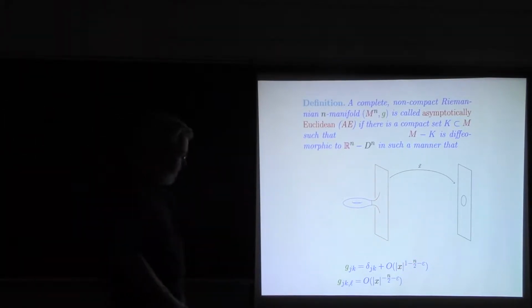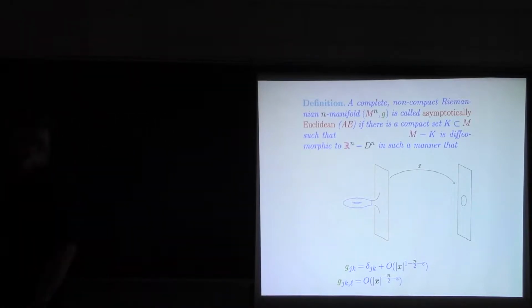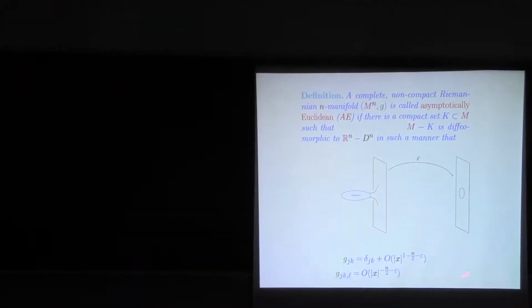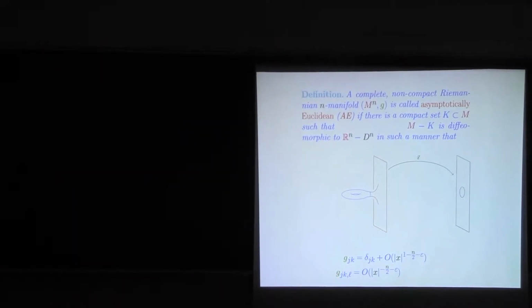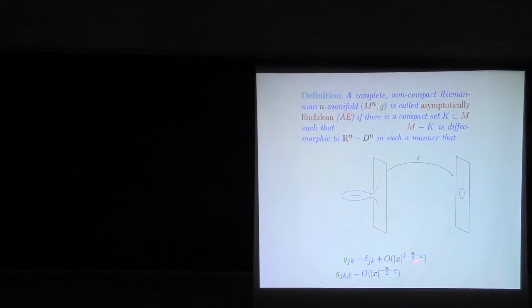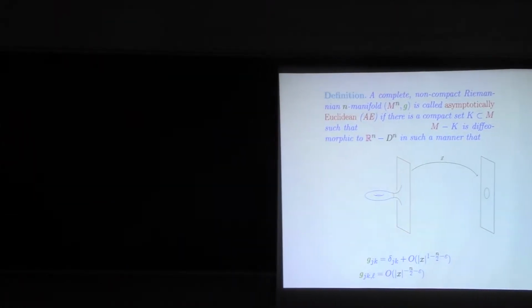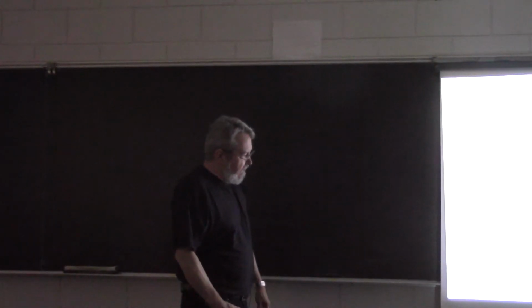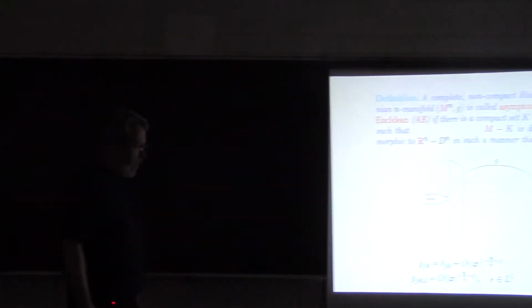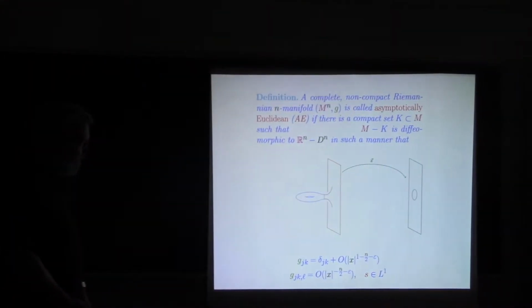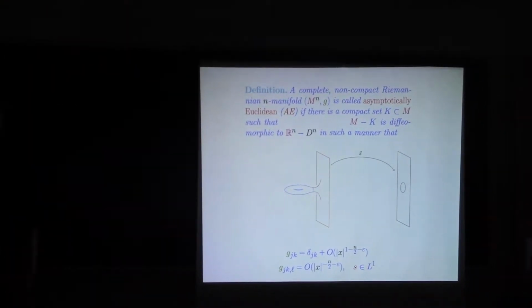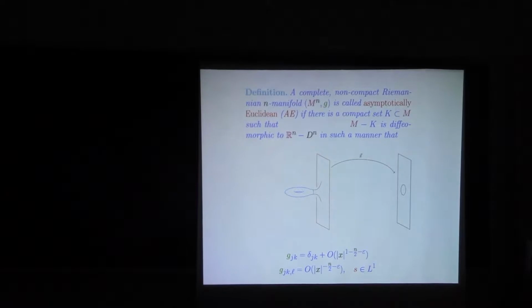And you assume also that all the first partial derivatives of the metric components fall off at the rate that you would then expect when you take the first derivative of a power of the radius. And then the last condition that one puts on is I want to assume that the scalar curvature is an L1 function. So the absolute value of the scalar curvature is L1.